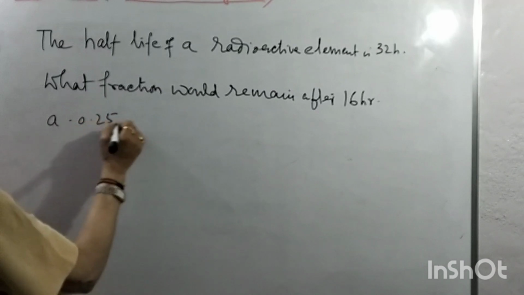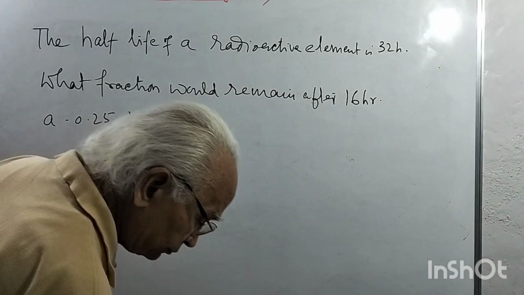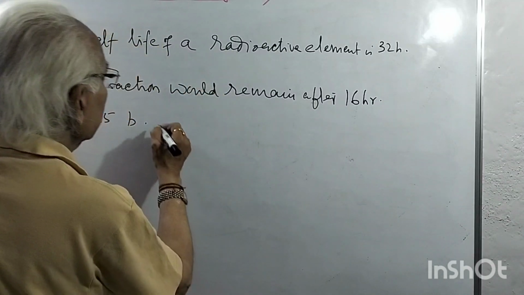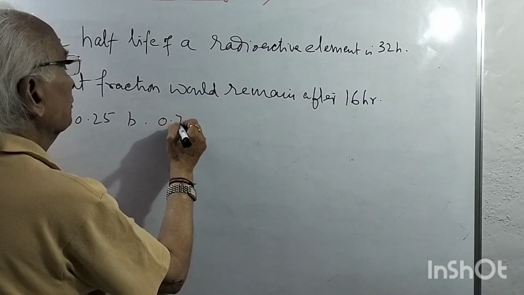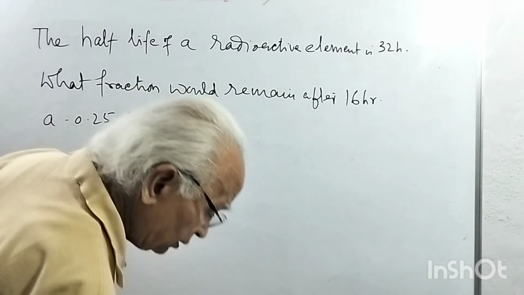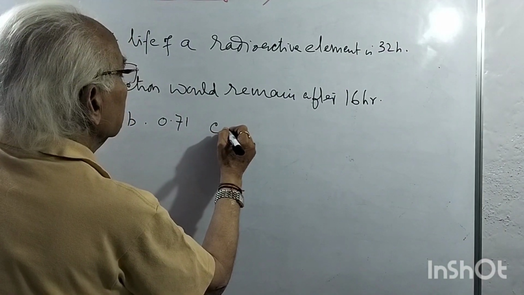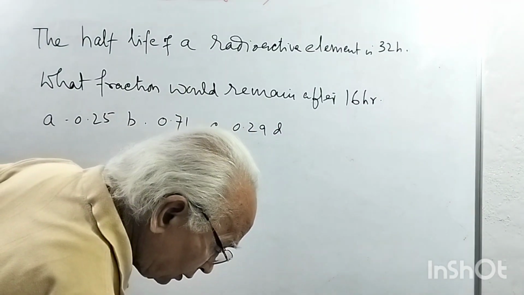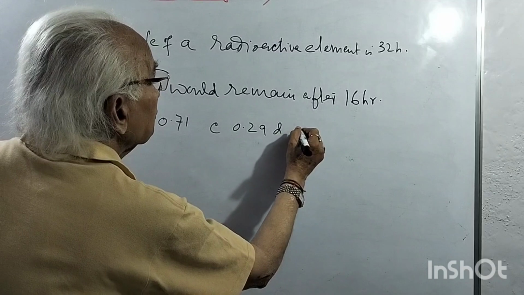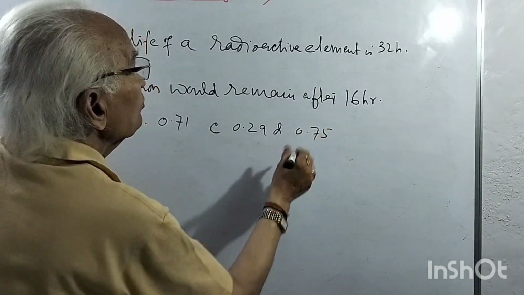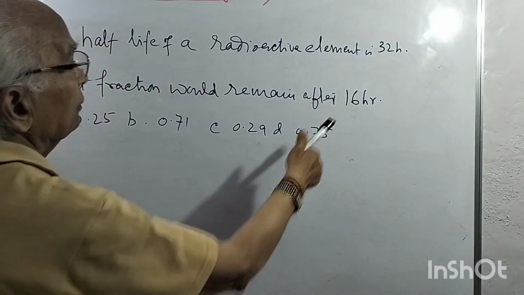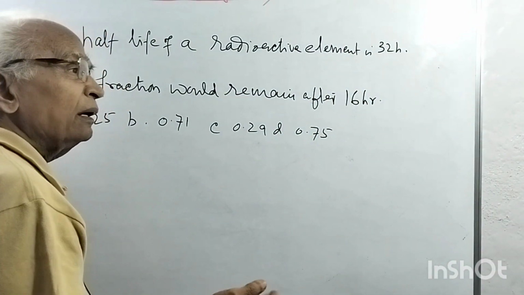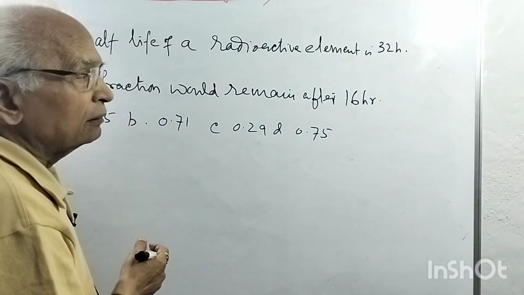The answers I give: A, 0.25, B, 0.71, C, 0.29, D, 0.75. 32 hours is the half-life, so 16 hour decay means it is even not half-life.